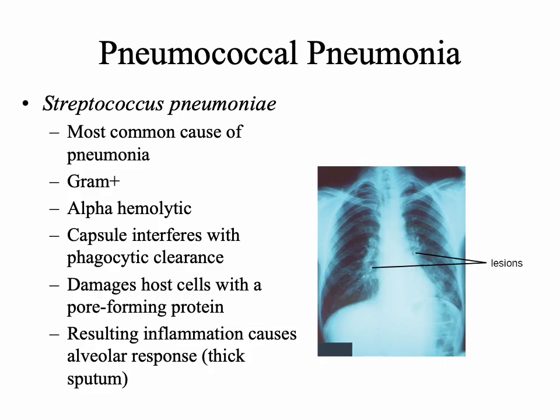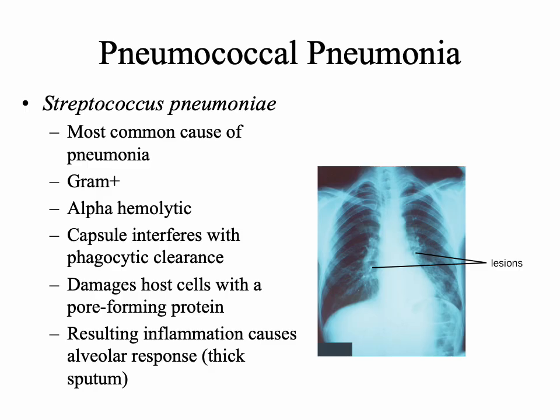Anyway, when we talk about pneumococcal pneumonia, it's usually caused by Streptococcus pneumoniae. This is pretty common, gram-positive, alpha hemolytic, so it has partial digestion of blood capabilities, which is a sign that it's dangerous, but not as horribly dangerous as beta hemolytic organisms like Strep pyogenes.